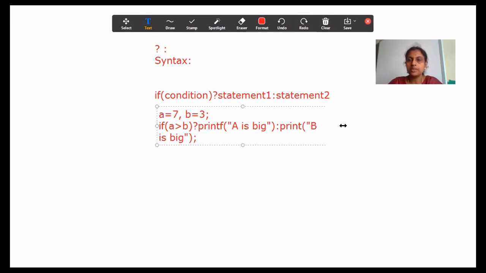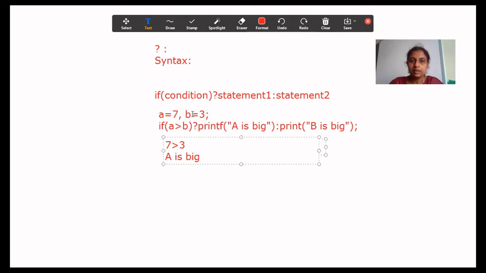So here, what happens? I will put everything in one line. The value of A is 7. Is 7 greater than B, whose value is 3? True or false? 7 is greater than 3. Since it is true, the answer will be A is big.